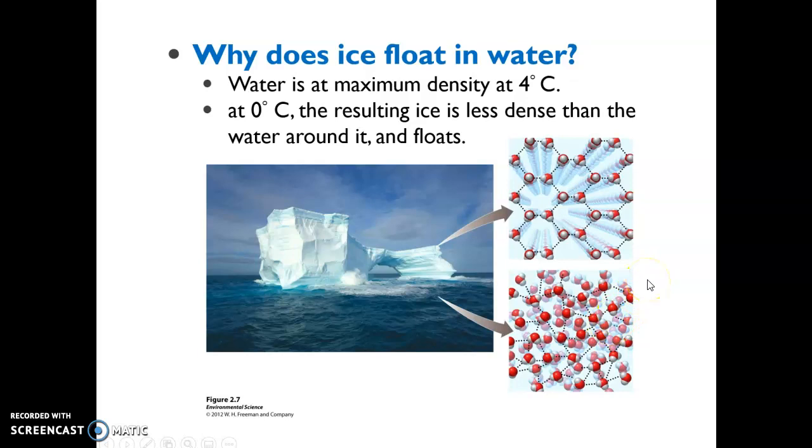But water is very strange. So here we have water, and it's getting colder and colder. And even though its freezing point is 0 degrees, it reaches its maximum density at 4 degrees. And then as it goes below 4 degrees down to its freezing point at 0 degrees, it actually expands.